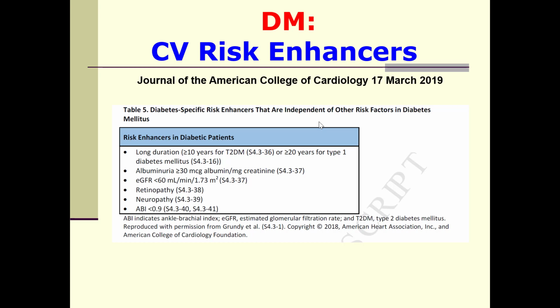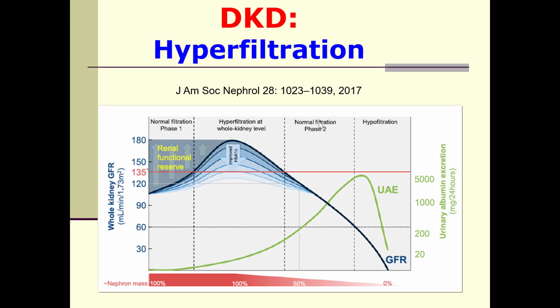So I'm speaking about an important issue, diabetic kidney disease. All nephrologists are aware of the natural history of type 1 diabetes. In the first phase, everything is fine, with normal kidney function and normal kidney reserve.